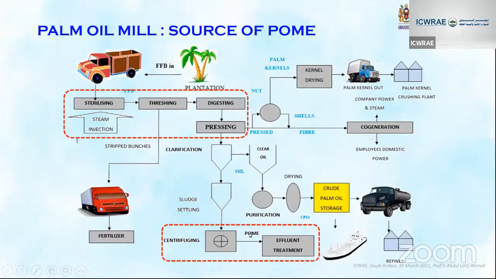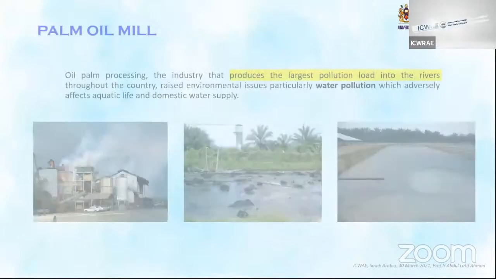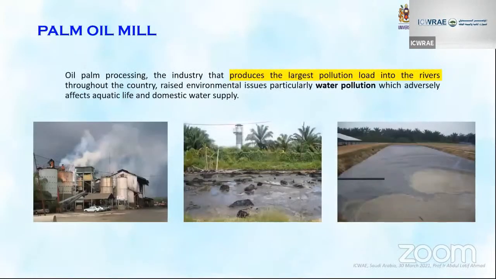We call it POME, or palm oil mill effluent. This is where the effluent comes from. This is where a lot of water is needed for sterilizing the fruits. If you look at some photos that I took nearby the factory, the amount of effluent is very huge.